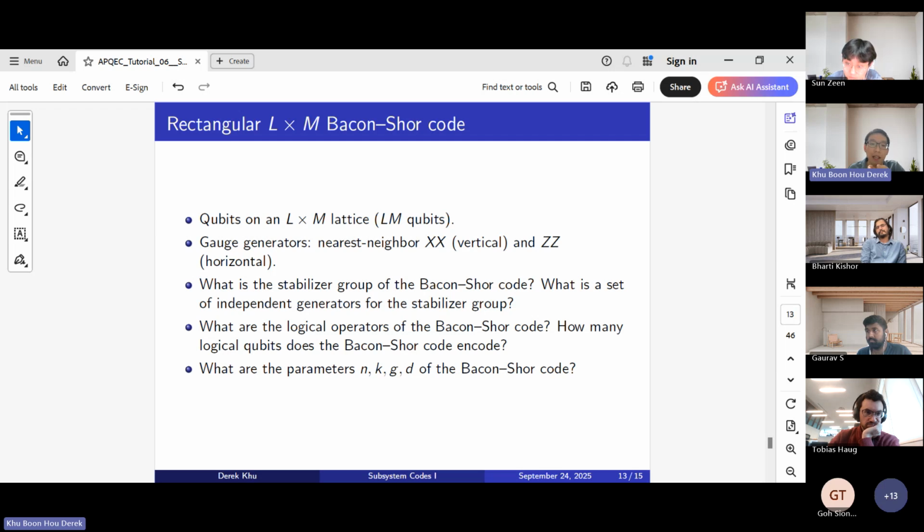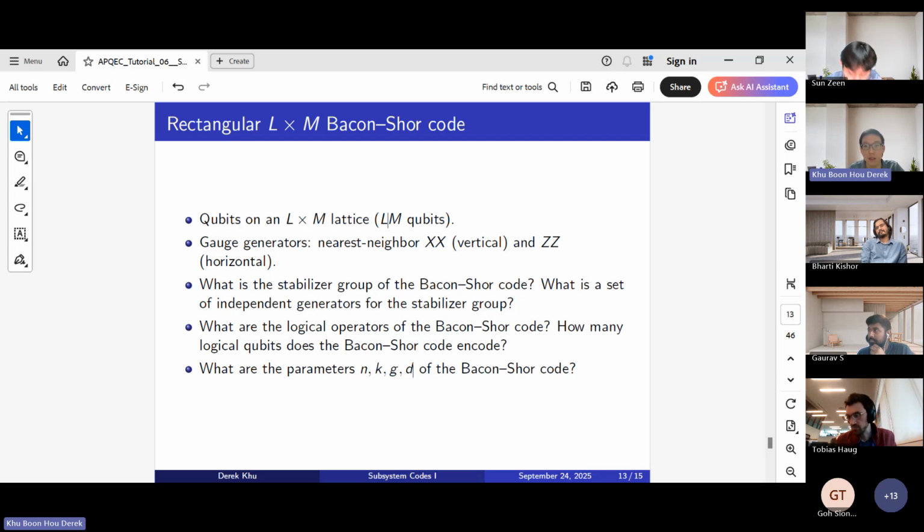So n, I kind of gave it to you. It's L times M. K is the number of logical qubits, so k is the answer to the question of how many logical qubits it encodes. To get g, it's probably easier to compute the size of the stabilizer group first, and then n minus k minus s, where s is the dimension of the stabilizer group over F2, would be equal to g.